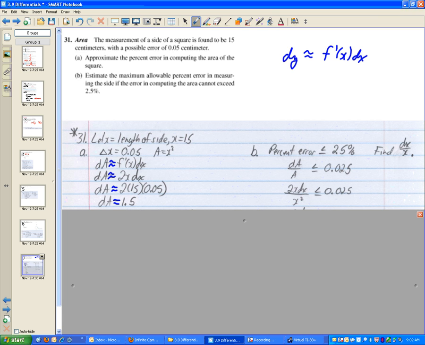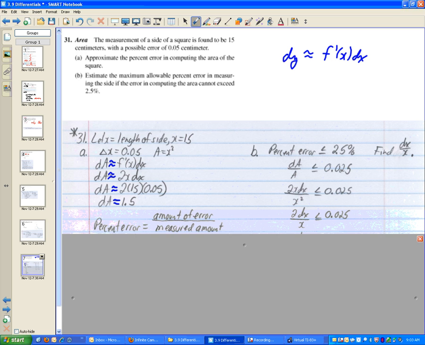But they want us to find the approximate percent error. And it's actually fairly simple. Percent error is just the error divided by what you thought the amount was. So percent error is the amount of error divided by what you think the amount is, what you measured it to be.